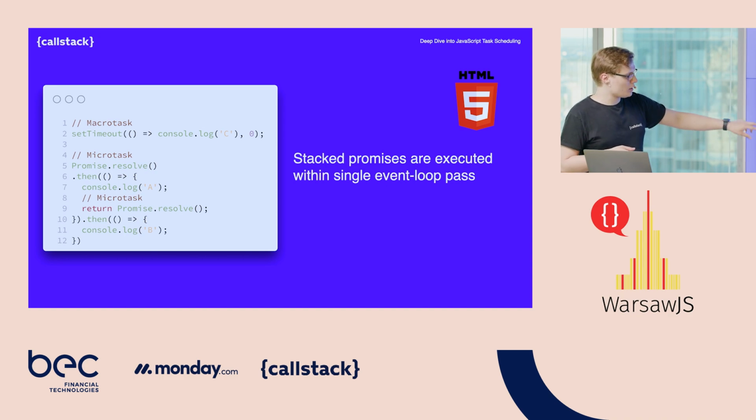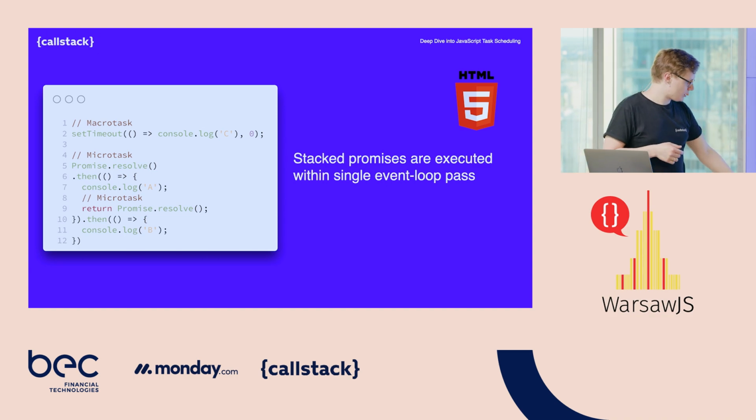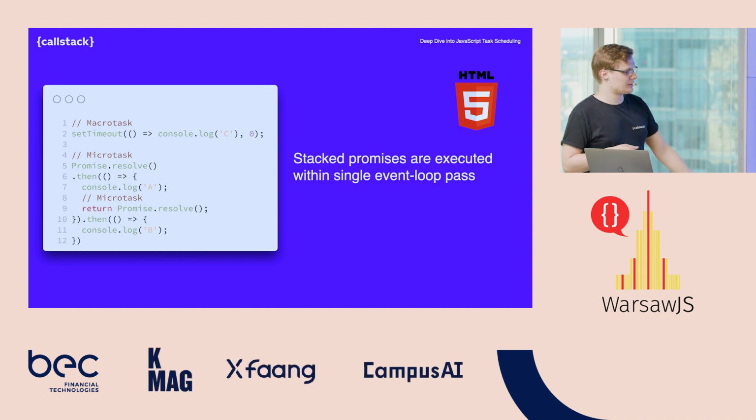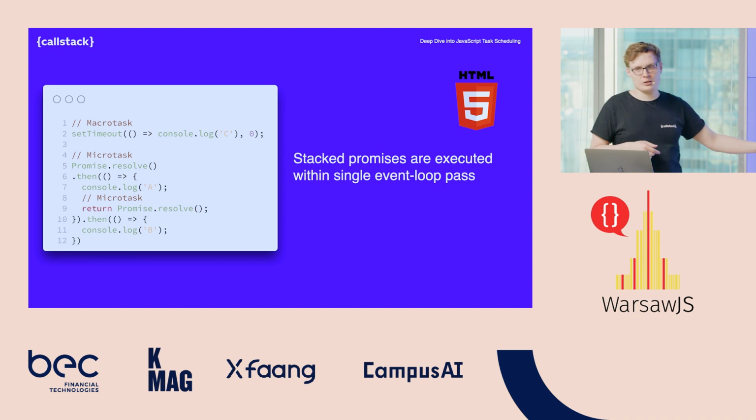So in this example, the output will be ABC, because the whole chain of resolved promises will be executed first, and then anything else, but they have to be already resolved.